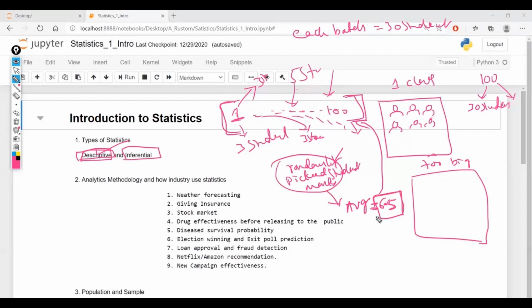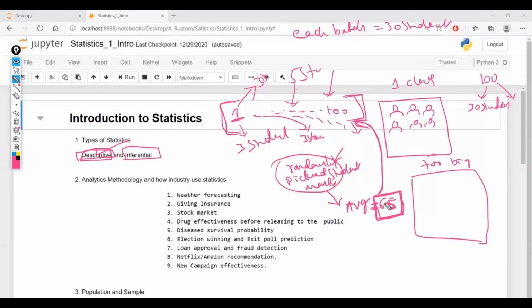Now I'm going to refer to this 6.5 and I will be able to tell anyone that 6.5 is the average of all my batch students, the average marks students have scored in all my batches. So I'm going to refer this to the entire hundred batches.